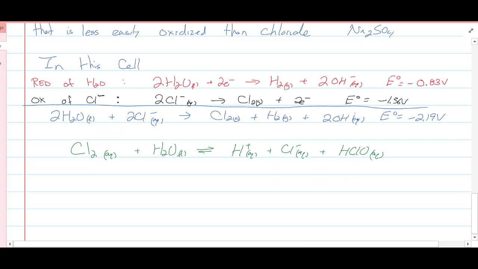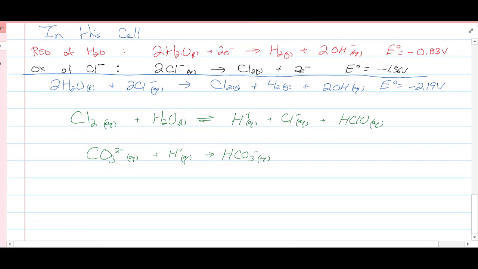And then to neutralize the hydronium, sometimes we add sodium carbonate. Sodium carbonate would do that, right? So we'd have the CO3 2 minus plus the H plus going to HCO3 minus.